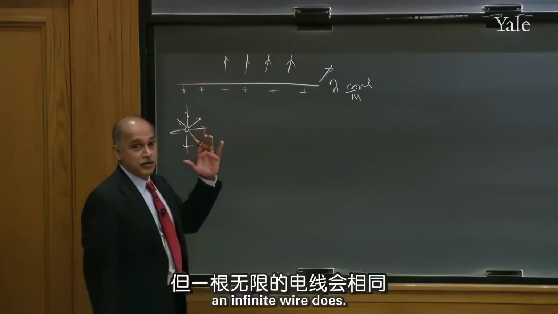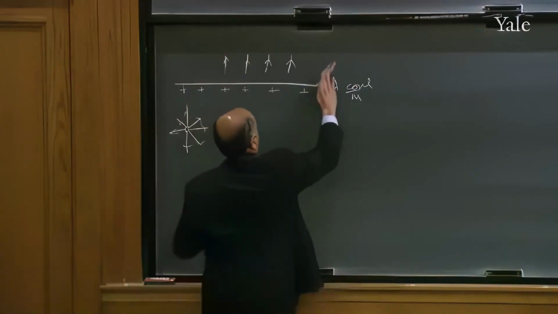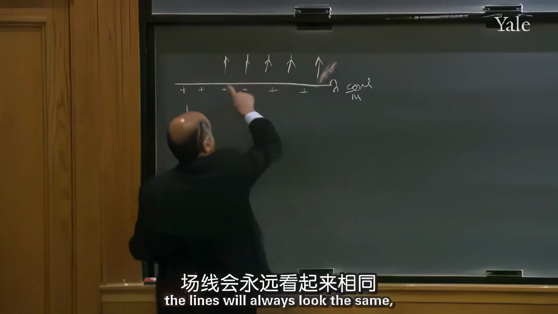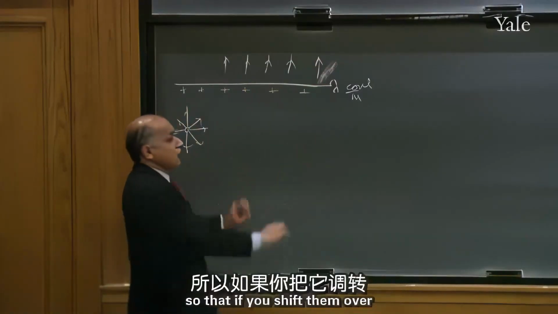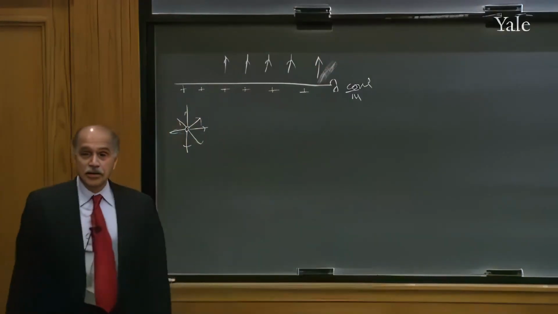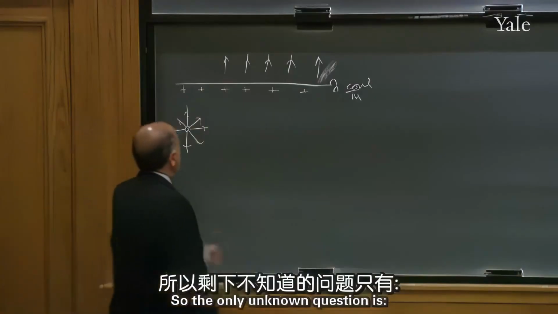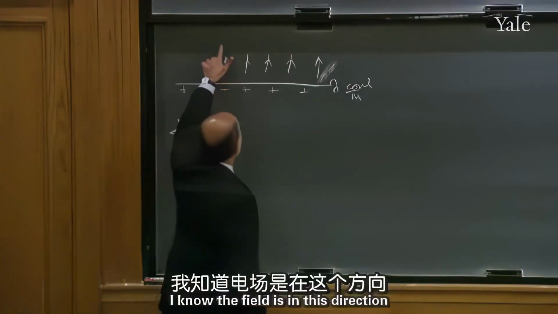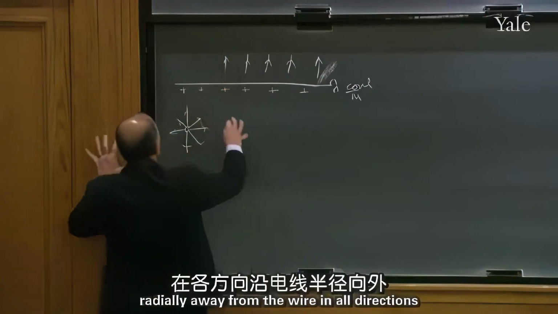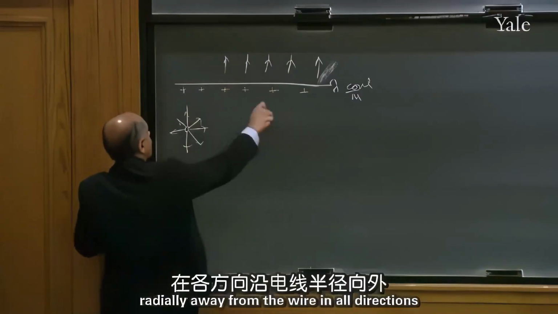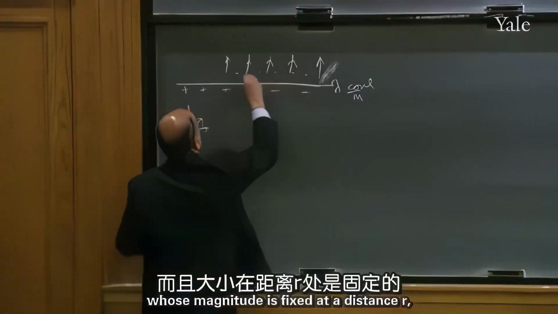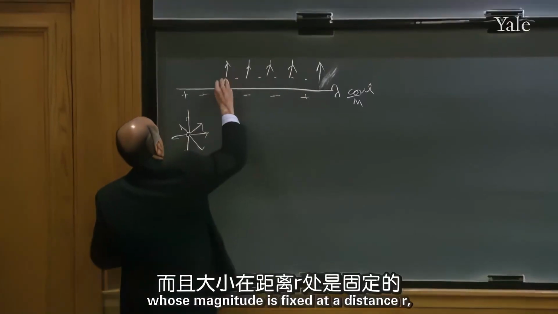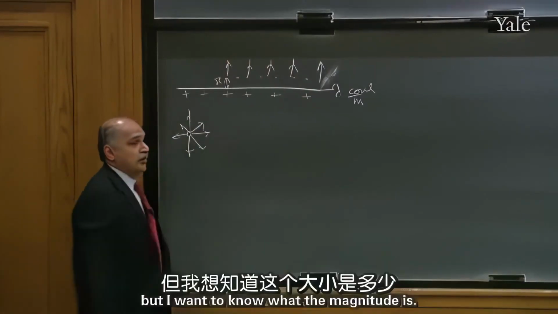Infinite wire does. So the only unknown question is, I know the field is radially away from the wire in all directions, whose magnitude is fixed at a distance r. But I want to know what the magnitude is.